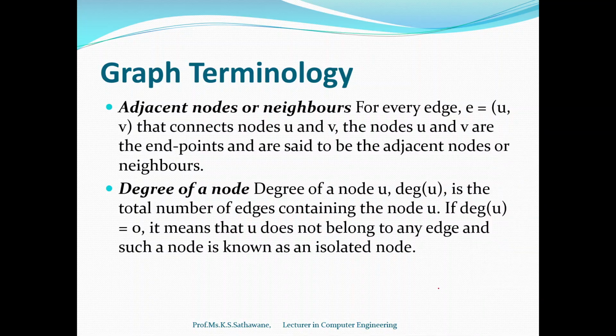It means if there is a node U and a node V, and there is an edge connecting U and V, then these two nodes are adjacent nodes or neighbors. Now what is the degree of a node? The degree of node U is the total number of edges containing the node U. For example, the degree of U is 0 if there are no edges connecting the node, which means the node U is an isolated node.